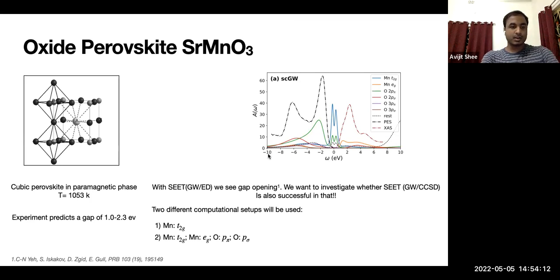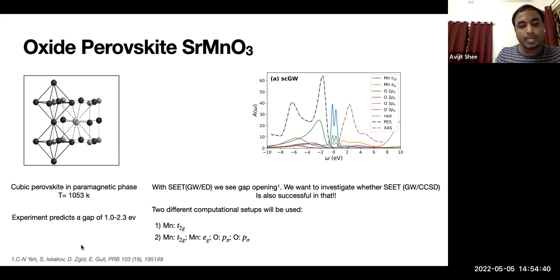For this study, the system we have taken is the cubic perovskite in the paramagnetic phase, which at room temperature and higher temperature exists in the paramagnetic phase, where T is the Néel temperature.